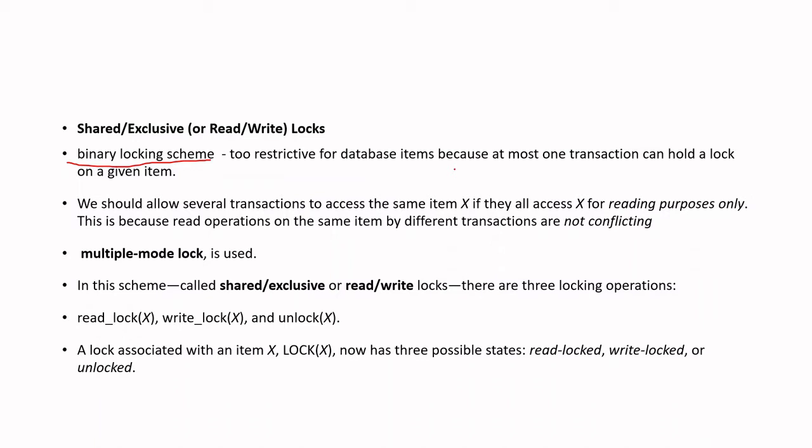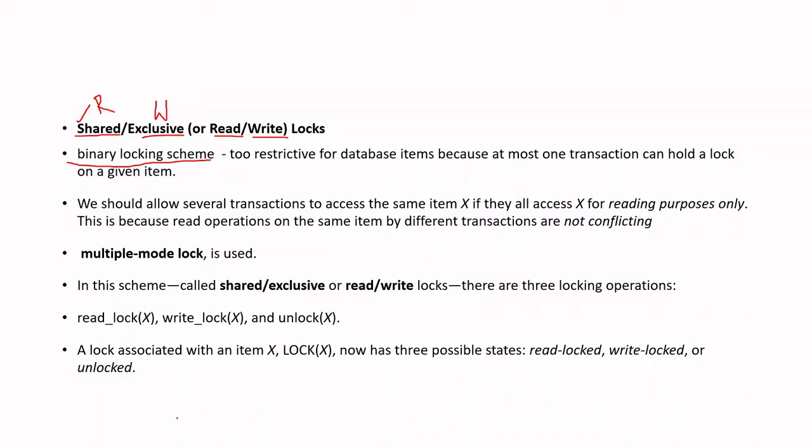For reading purposes, we can allow multiple transactions to access it. So we have a different sort of locking mechanism for that, called shared locking for read operations and exclusive locking for write operations, or you can also call it read-write locks.